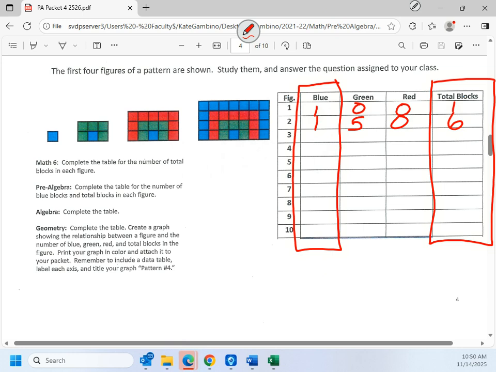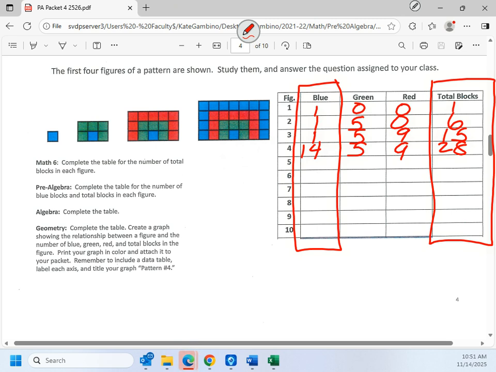Then we have 1 blue, 5 green, 9 red, gives me a 15 total. And this fourth figure, now we have 14 blue, 5 green, 9 red, and 28 total.